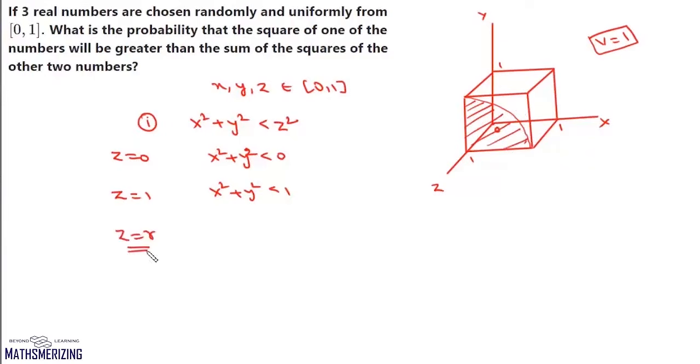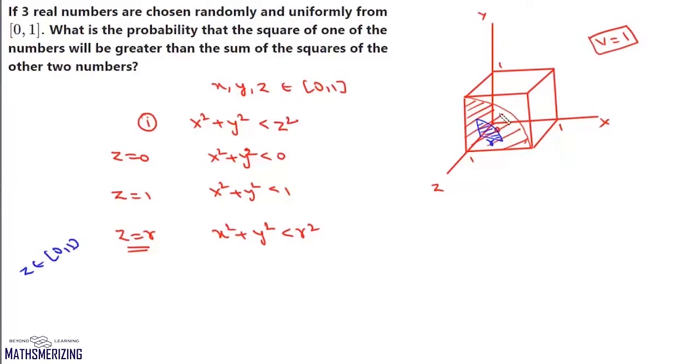At any general point, z equals r, we'll get x square plus y square less than r square. So at any z which is equal to r, it'll represent this portion of a circle with radius r. Now z varies from 0 to 1.